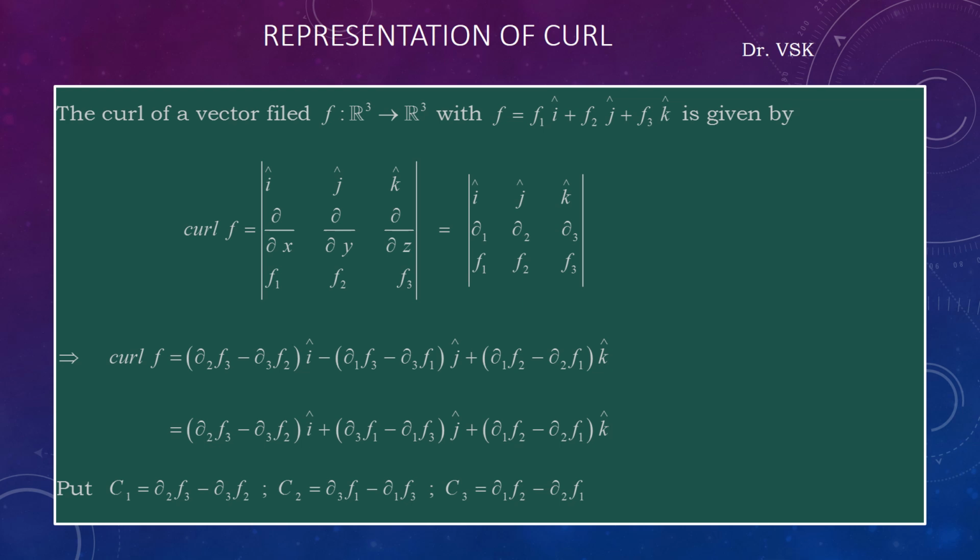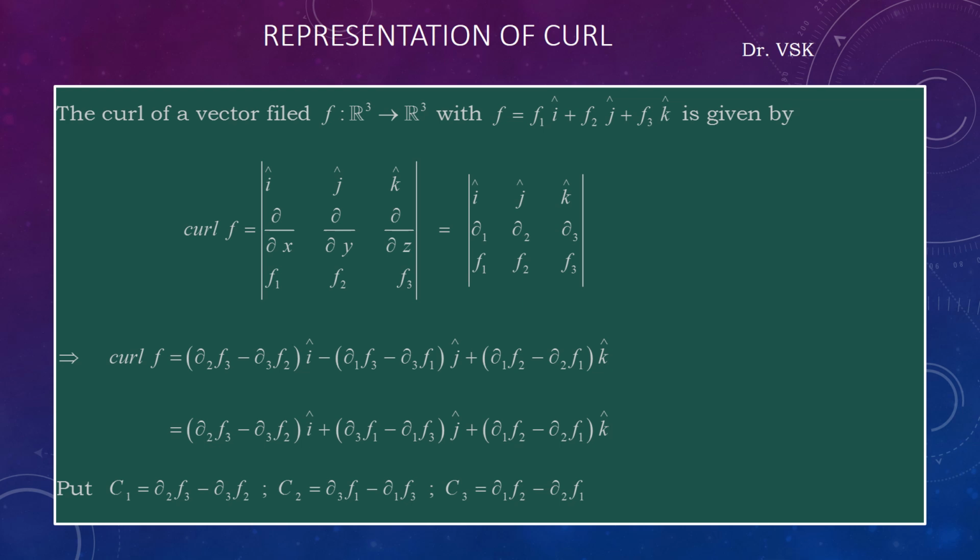Here f1, f2 and f3 are the component functions of the given vector field f. Suppose that all the partial derivatives of these functions exist and they are all continuous. Under these assumptions, let's write down the curl of the given vector field.